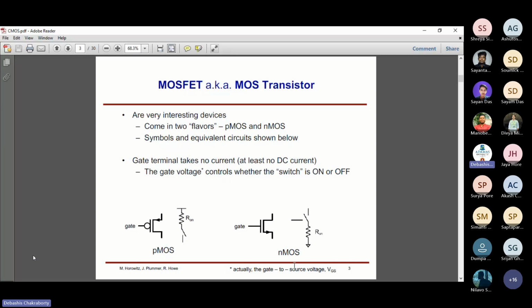The device commonly used for all digital ICs nowadays is known as the MOSFET. MOS stands for metal oxide semiconductor.